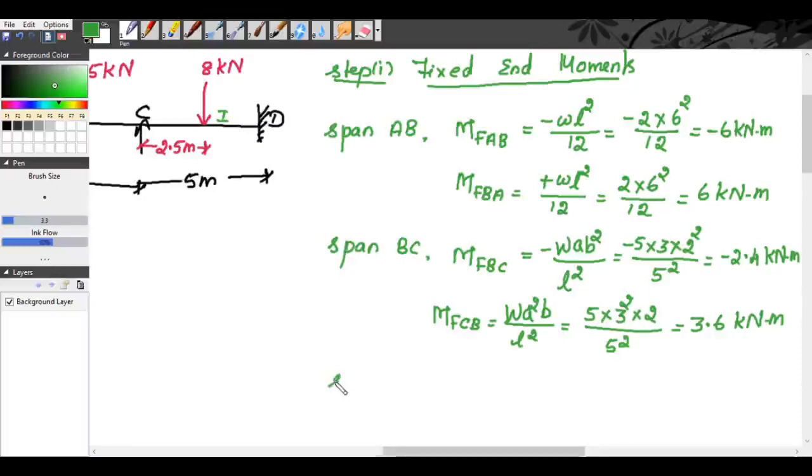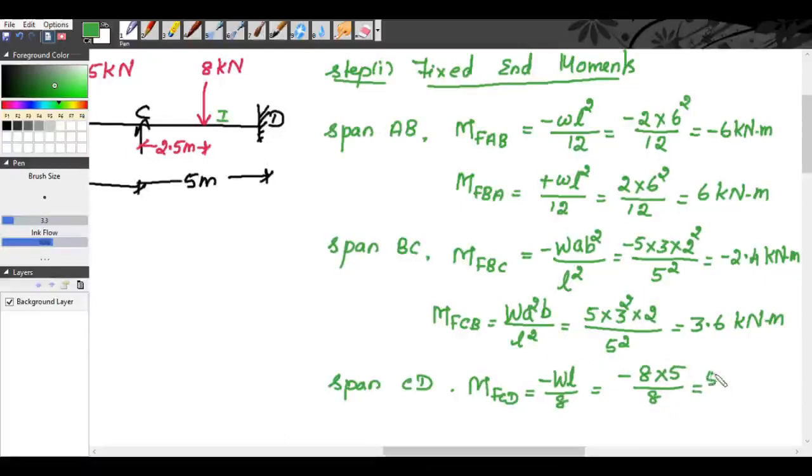Now we will consider the span CD. It is 5 meter long and there is a concentrated load of 8 kilonewton acting at the center of the span. So the formula is MFCD is equal to minus WL by 8, that is minus 8 into L, which is 5, divided by 8.